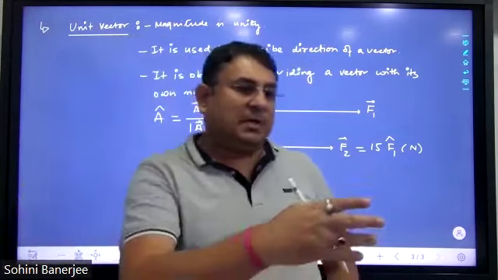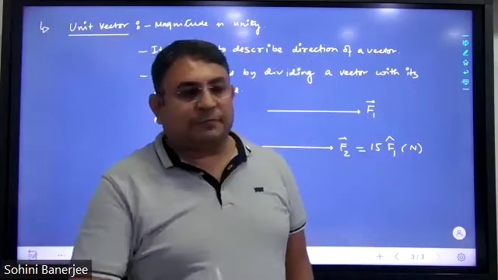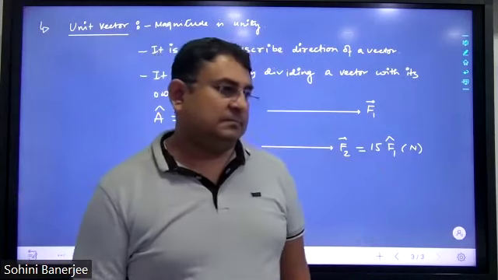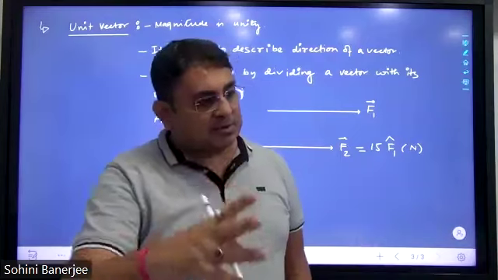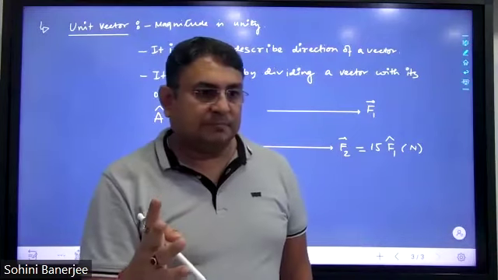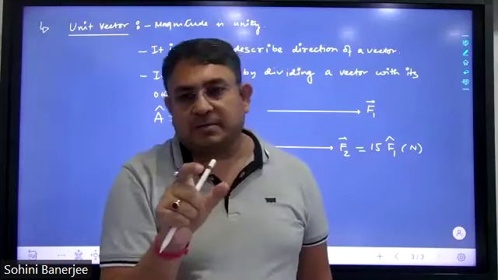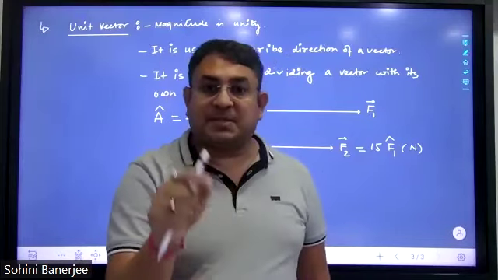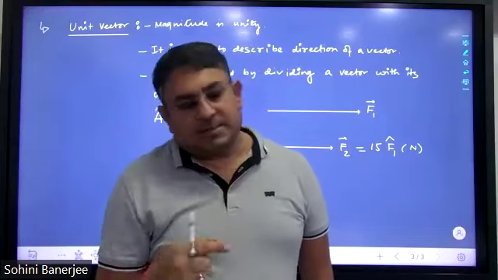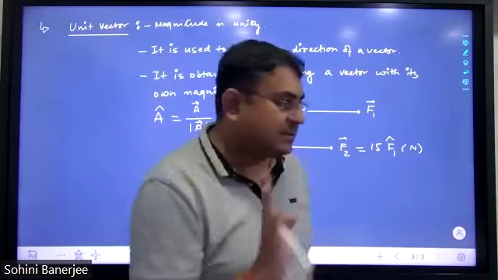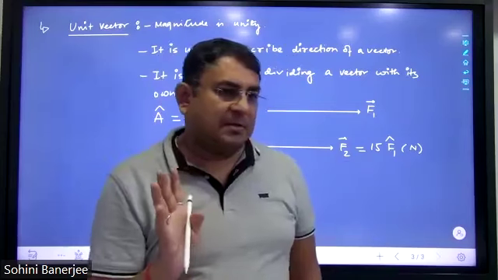Suppose it is given that you are running due east. Your friend is following you. So following you means they also are having the same direction that of you. So that would be written as v cap. Suppose your velocity is v vector. So v cap represents the direction of your motion. Suppose you are running in some direction with some velocity.